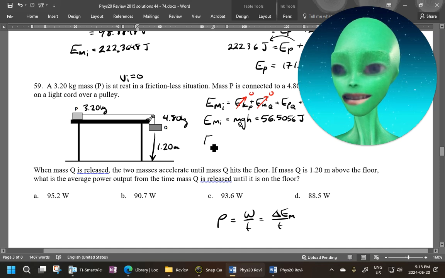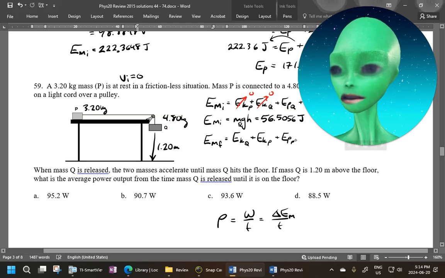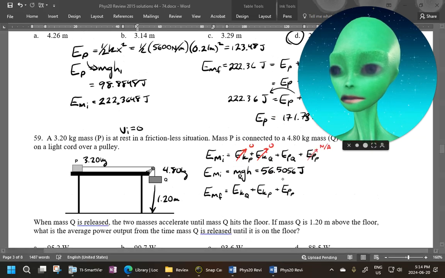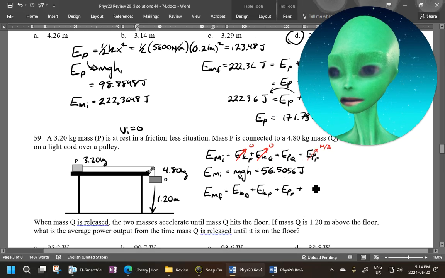So at the end, my final energy is going to be whatever the EK of Q is when it hits the ground, plus the EK of P when it hits the ground, plus the EP of P, plus the EP of Q, right?